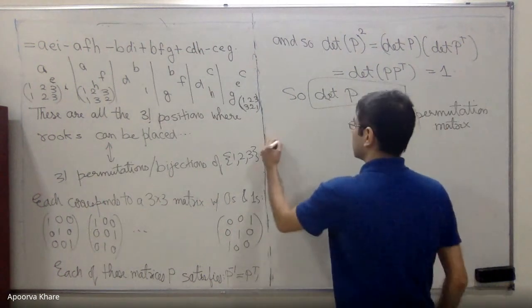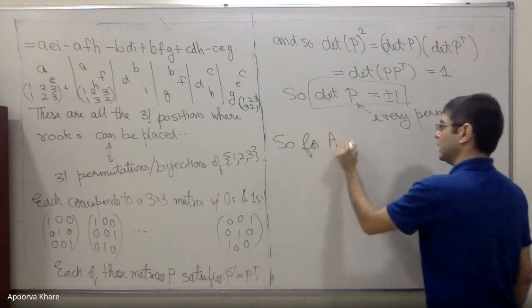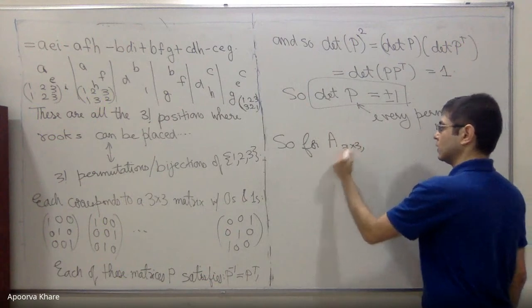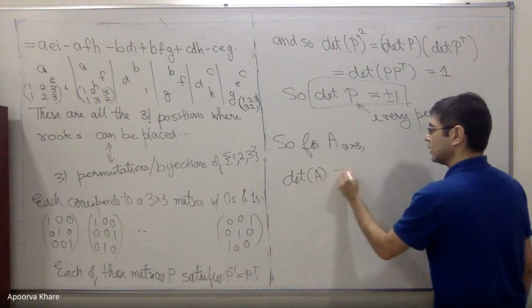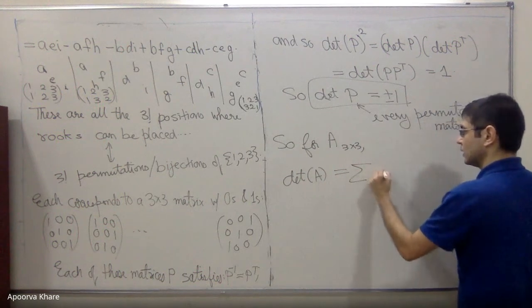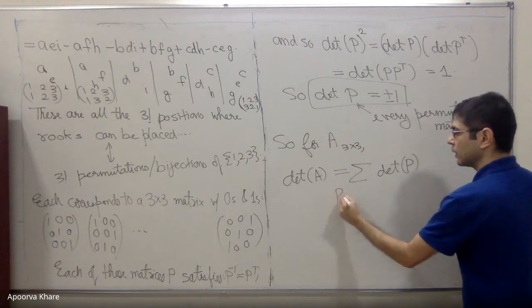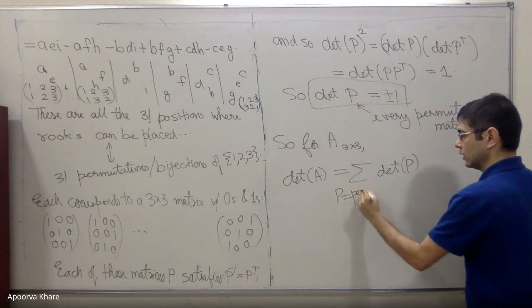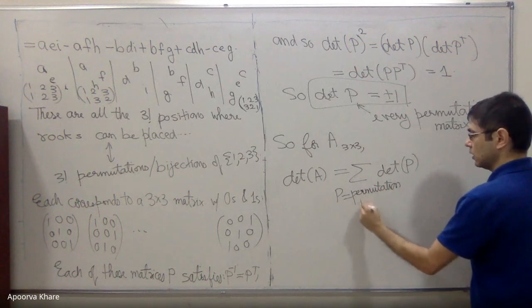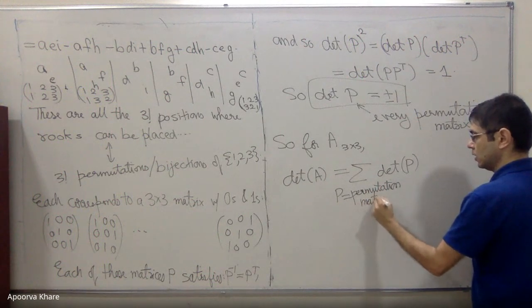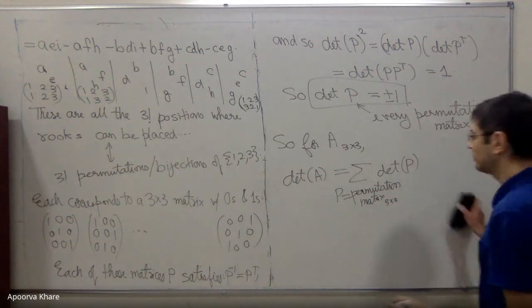So for a 3 by 3 A, the determinant of A is the summation over det of P, P a permutation matrix, and then, okay, so maybe I should not do this.